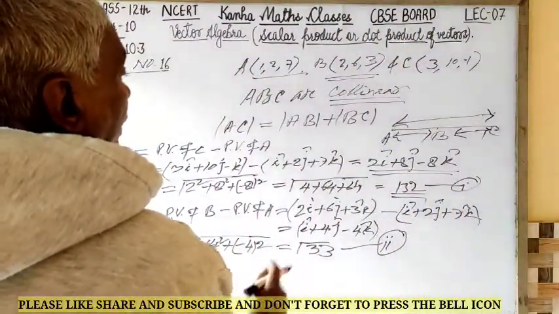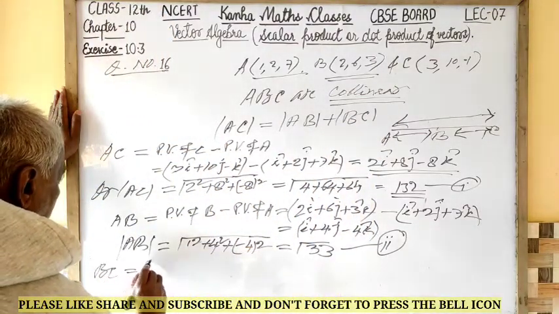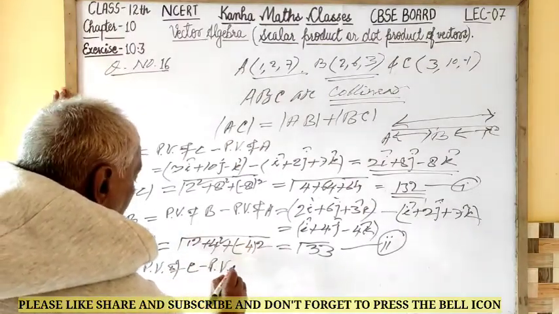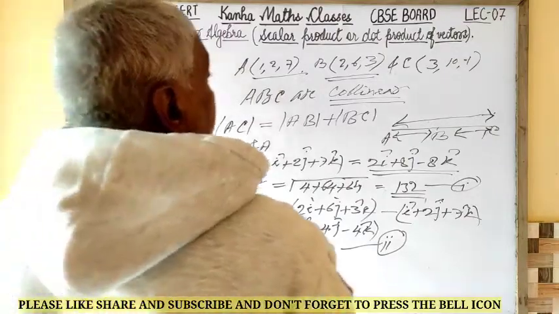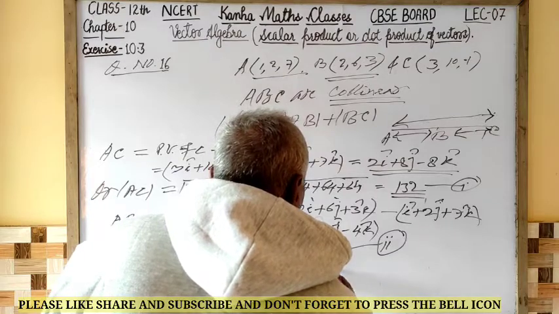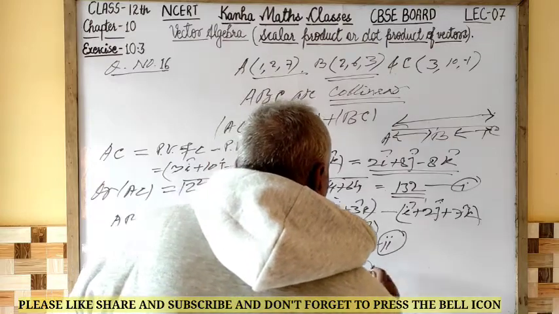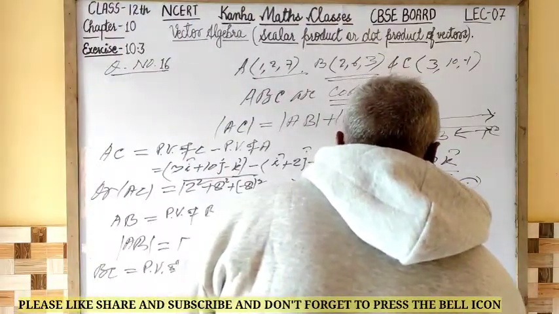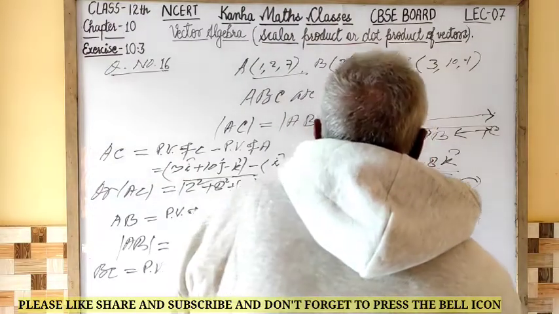And now vector BC. Vector BC means position vector of C minus position vector of B. Position vector of C means 3i plus 10j minus k, minus position vector of B, which is 2i plus 6j plus 3k.